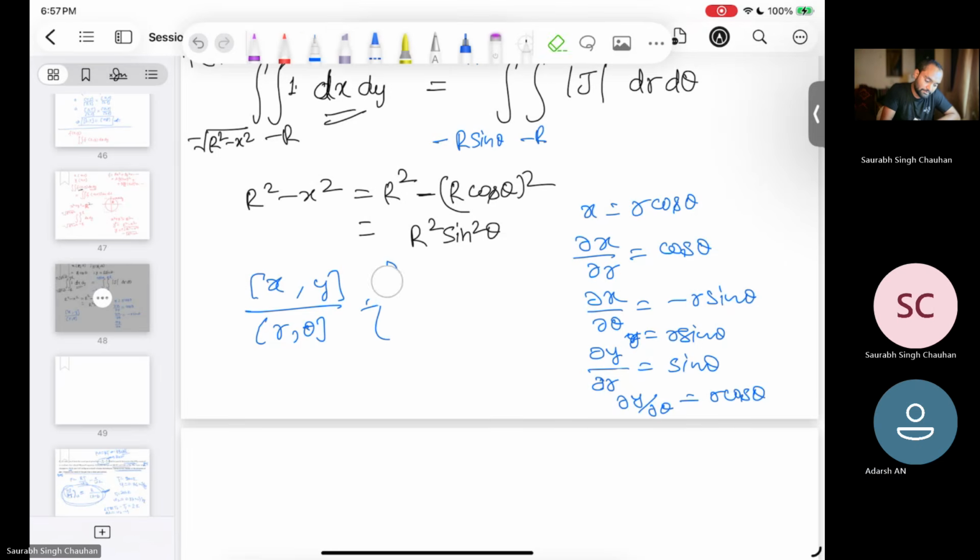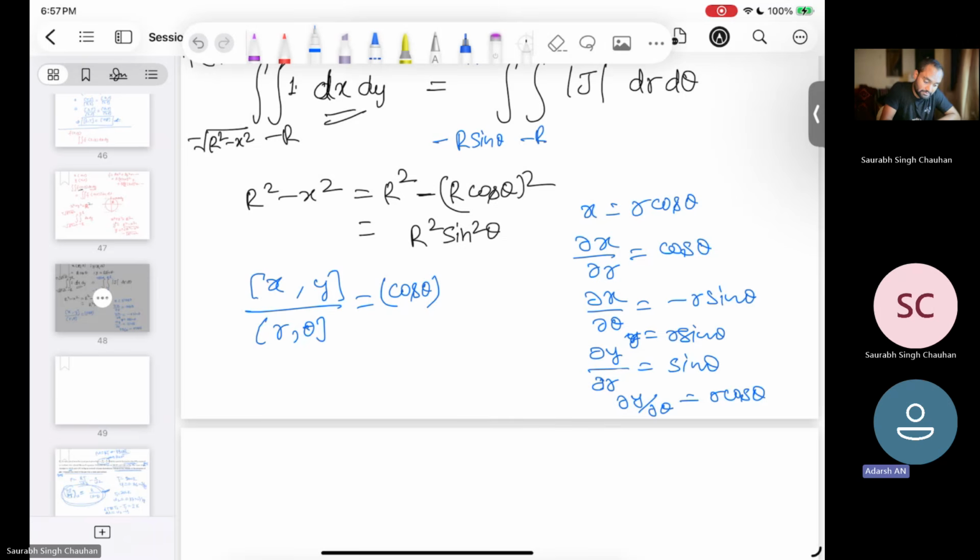So it will be cos theta times R cos theta.